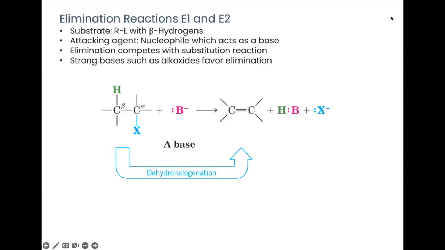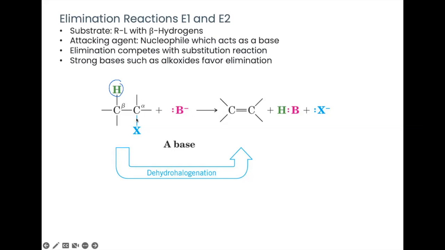Okay, so let me first discuss with you elimination reactions. For elimination reactions, our substrate is typically an alkyl group with a leaving group. But aside from this, there should be beta hydrogens. By beta hydrogens, we are referring to this hydrogen right over here.